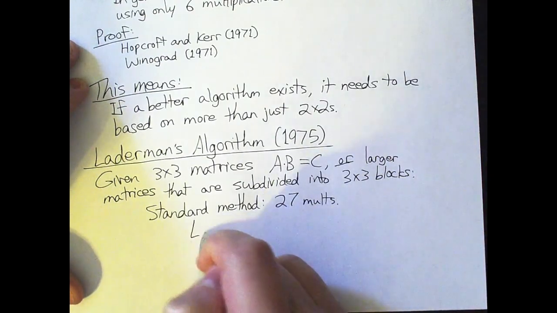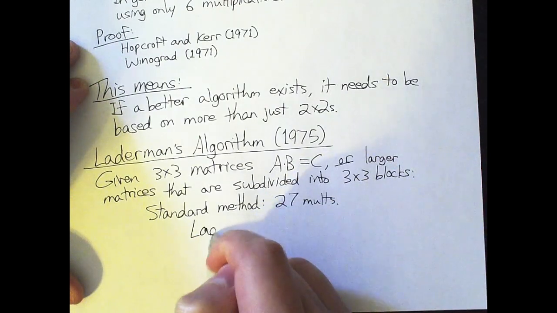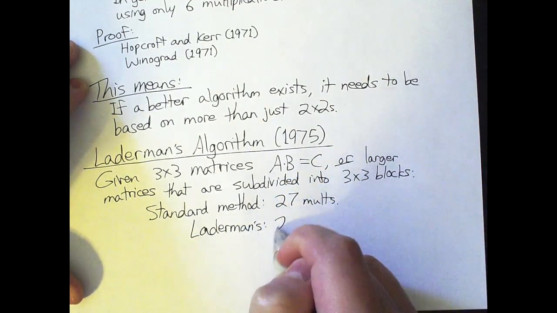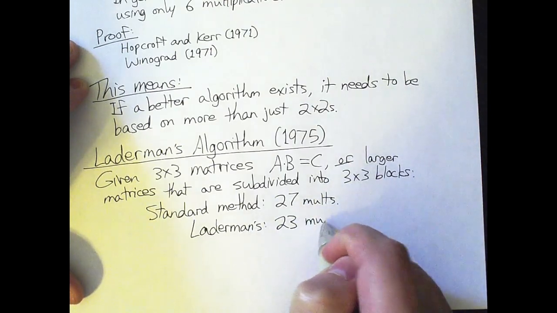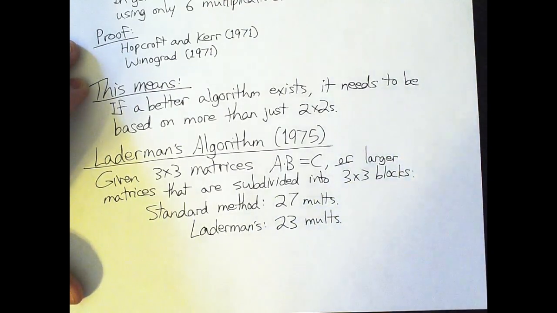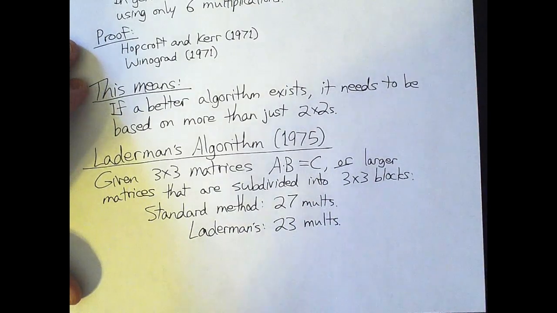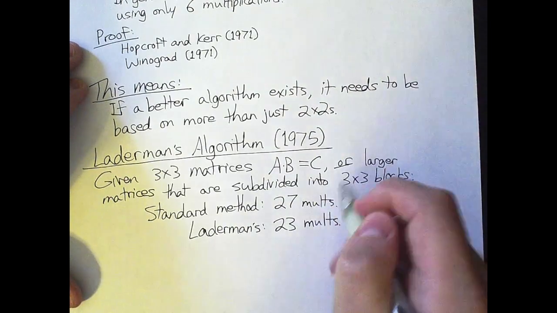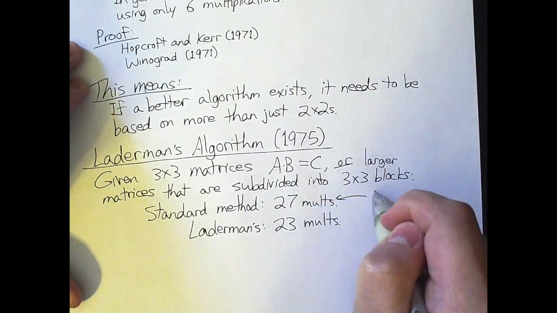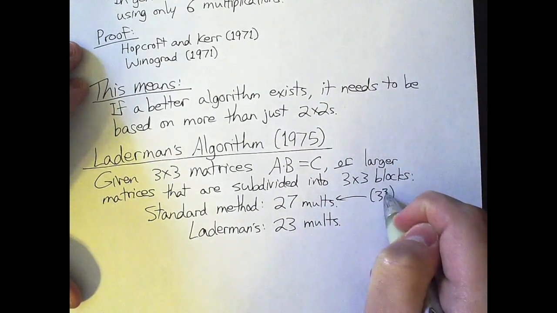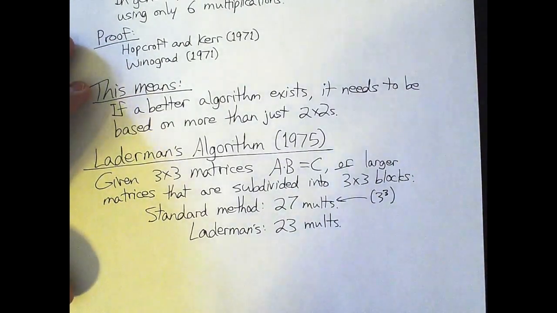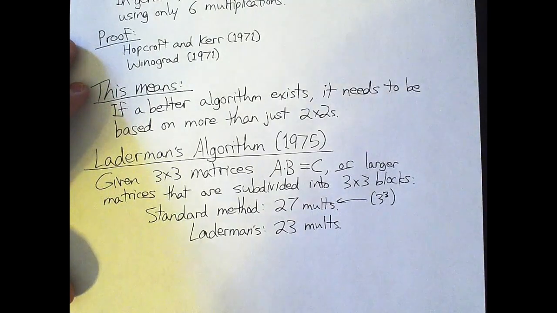And as we just saw in the title of that paper, Laderman's method uses only 23 multiplications. Oh, and by the way, if you're wondering where the 27 multiplications comes from, that 27 comes from 3 cubed. So it's not just a coincidence that that's 27 for a 3x3 problem.